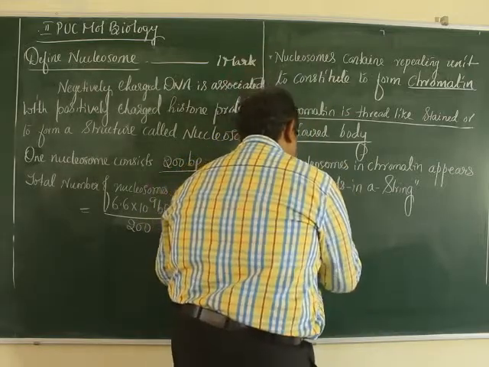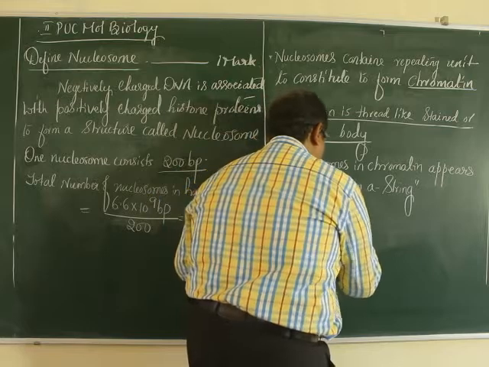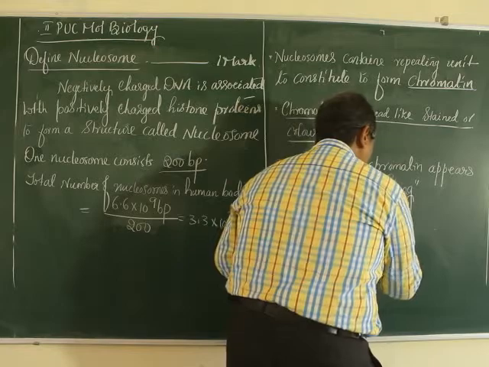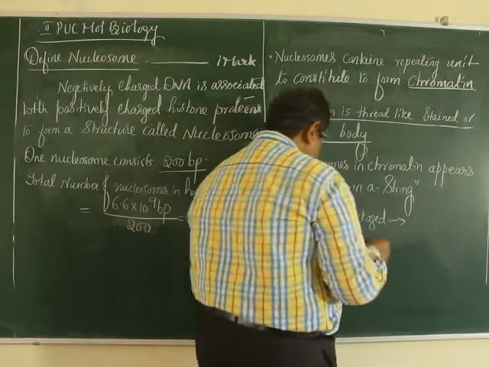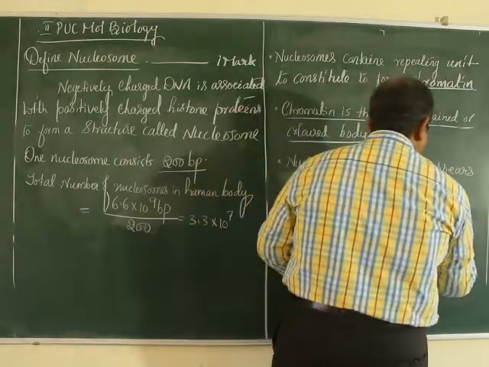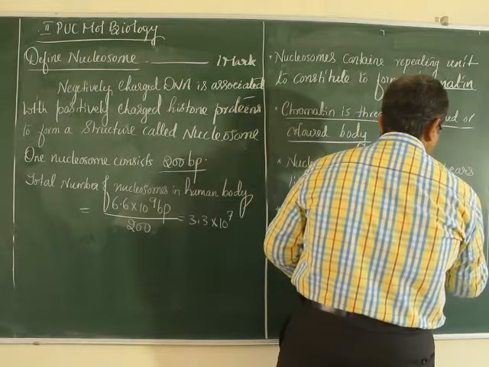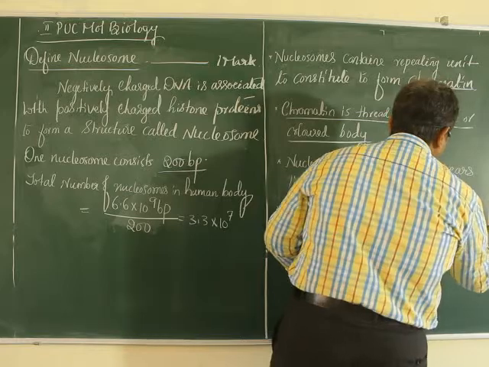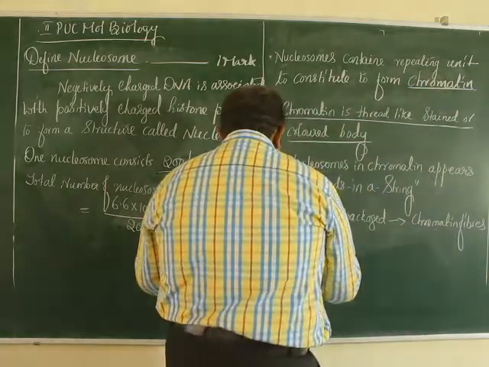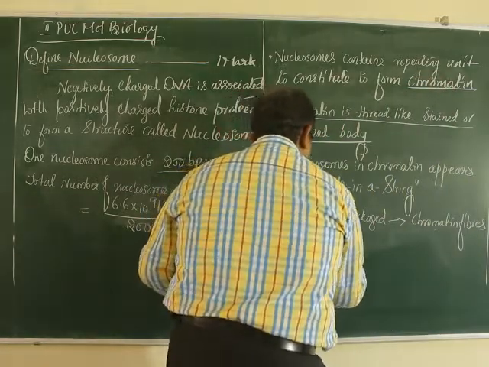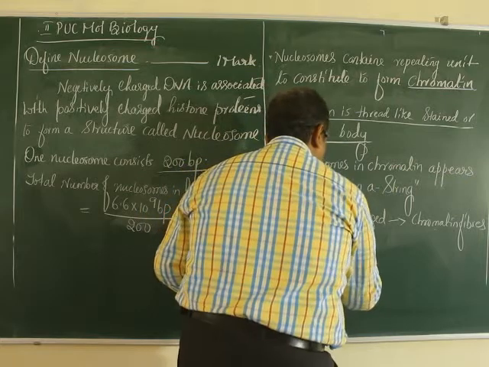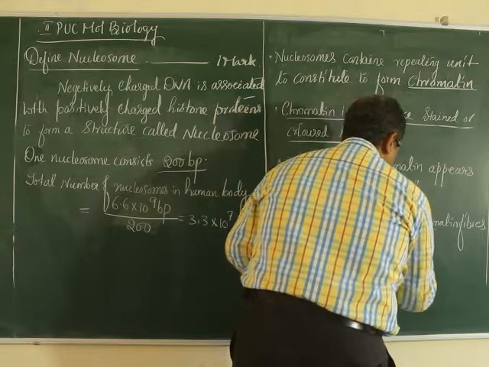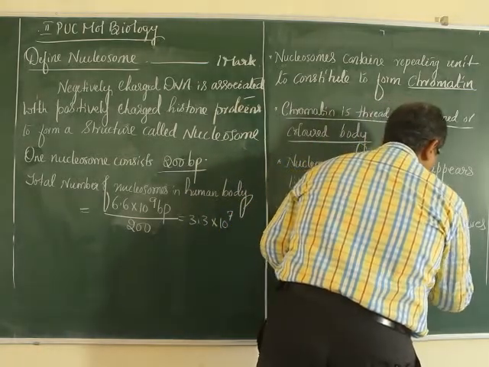Chromatin is packaged into chromatin fibers, and these chromatin fibers are coiled and condensed in the metaphase stage.